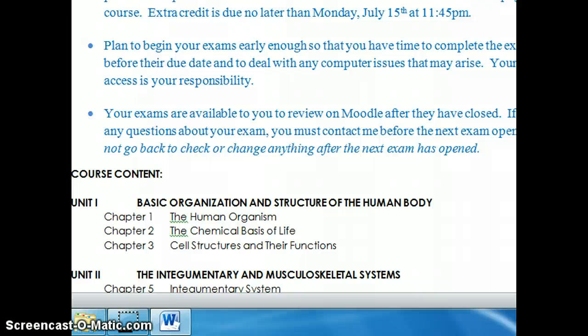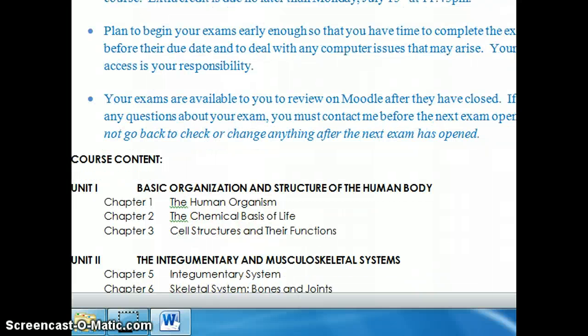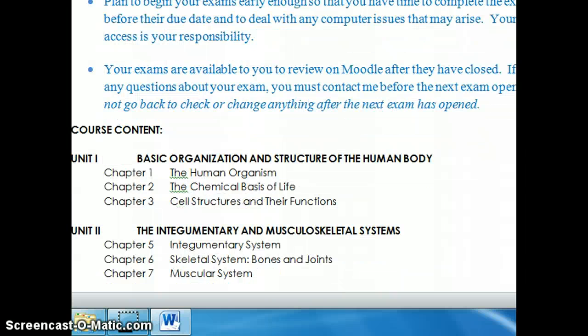Plan your exams early enough so you have time to complete them. There's about 2 hours for each exam, but you need to be aware of the closing date. And again, if you want to have your 2 attempts, you need to start the first one in plenty of time. There is generally at least 2 full days for your exam, the window of opportunity to take the exams.